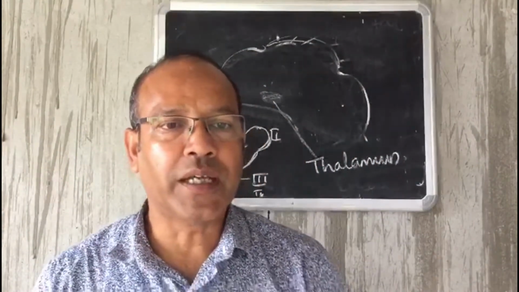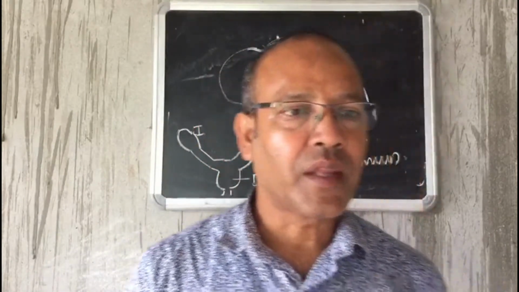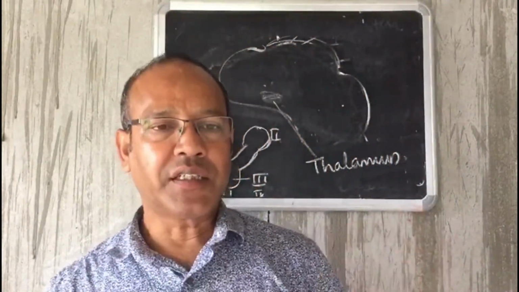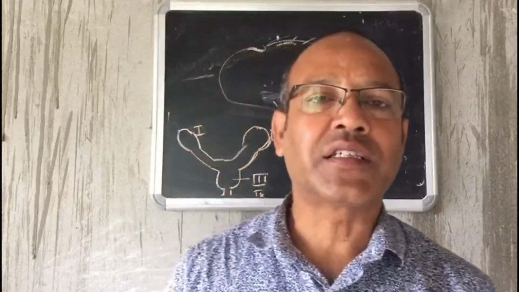The thalamus has a very important role to play. The functions are: it acts as a relay station, receives afferent, that is sensory, fibers from all parts of the body, and sends efferent motor fibers; it is an important center for emotion and reflex activities.